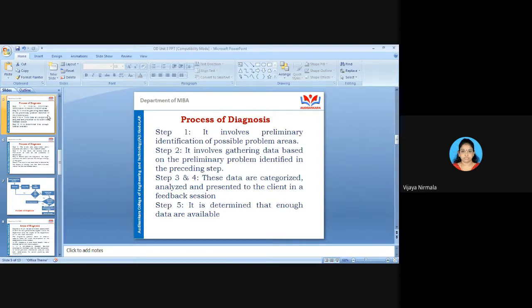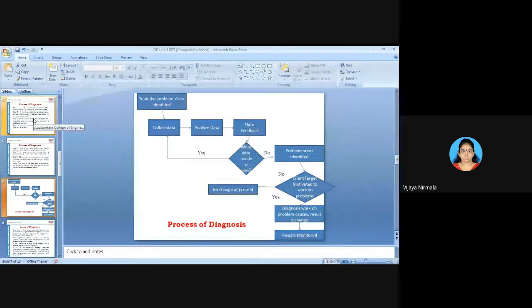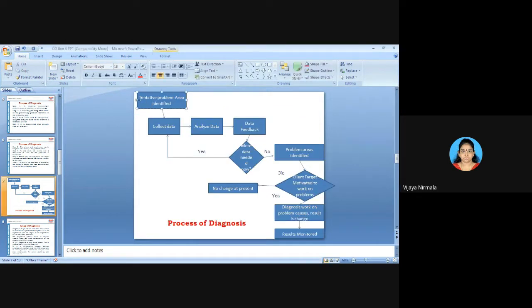See, let us see step 1. What is step 1 here? Tentative problem area to be identified. That is, step 1 involves the preliminary identification of possible problem areas.